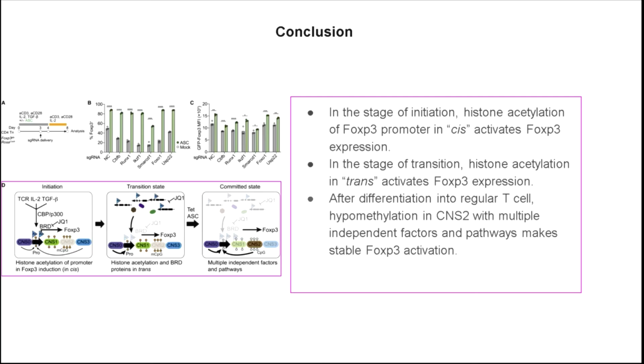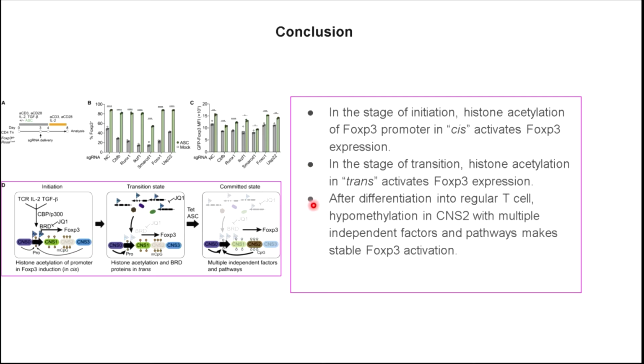First, in the stage of initiation, histone acetylation of Foxp3 promoter in cis activates Foxp3 expression, and it is inhibited by JQ1. In the stage of transition, histone acetylation in trans activates Foxp3 expression, and actually most mock-treated iTreg cells stay in this transition stage.